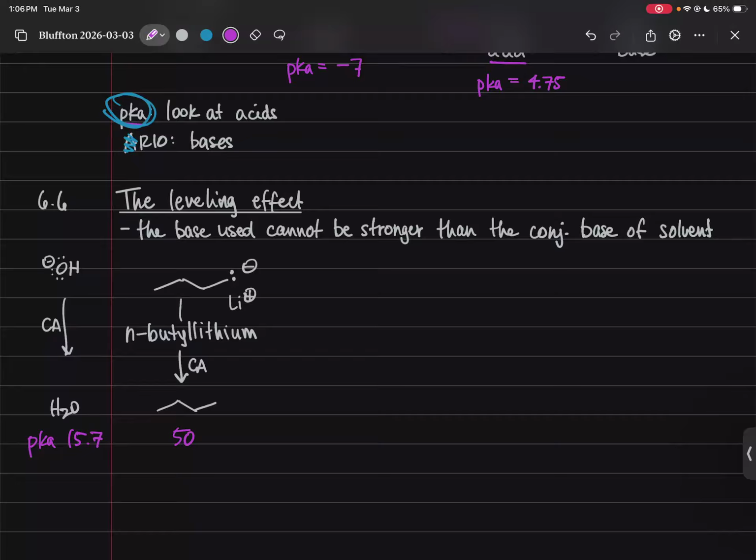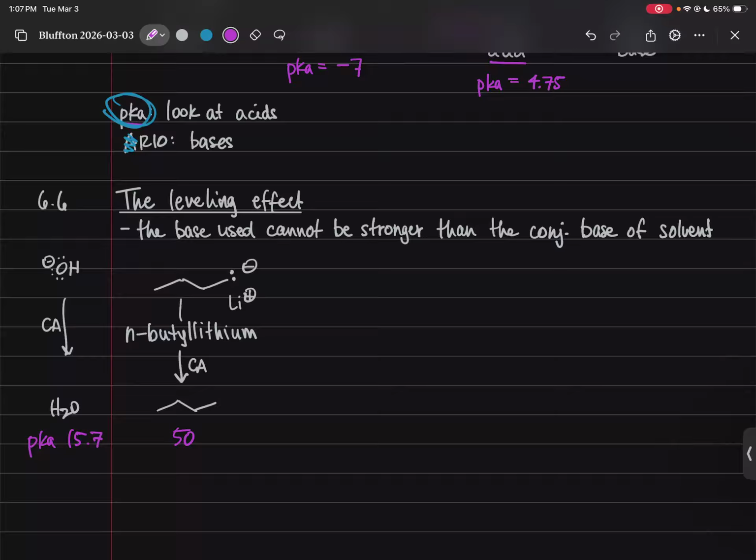So a stronger acid has a weaker conjugate base, and a weaker acid has a stronger conjugate base. So between water and butane, the conjugate acids of the things we're comparing, water is the stronger acid. So it's going to have a relatively weaker conjugate base. I know it sounds strange to say that hydroxide is weak, but we're in the big leagues here.